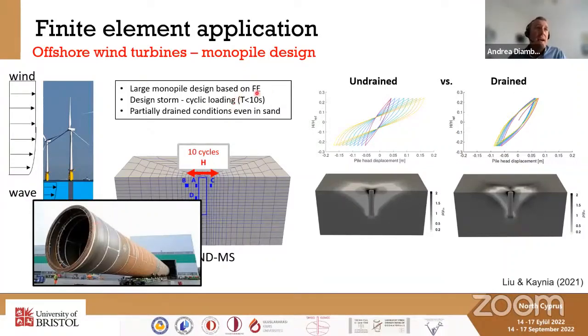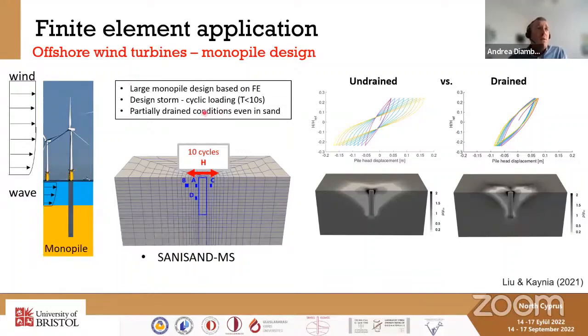And that's why finite element is used to analyze this rather simple boundary value problem. We use FE either to determine p-y curves, or now FE is basically used to design the monopile directly. The other aspect we need to think about is the loading condition during a storm.